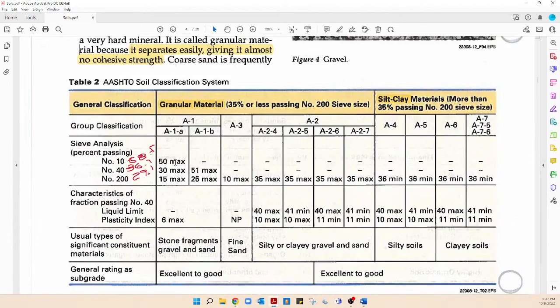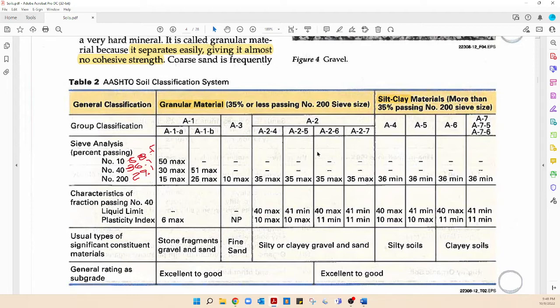And here you see I've crudely written the number 10 sieve 68.5, the 40 sieve 36.1, and the 200 sieve 29.1. Now, to classify soils, and I don't know how far I'll get with this, we're going to start out with the number 10 sieve, and we're going to see that we have 68.5.